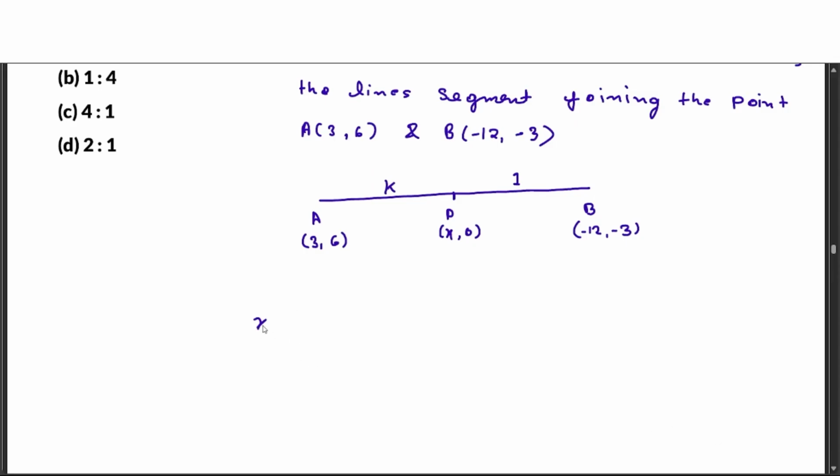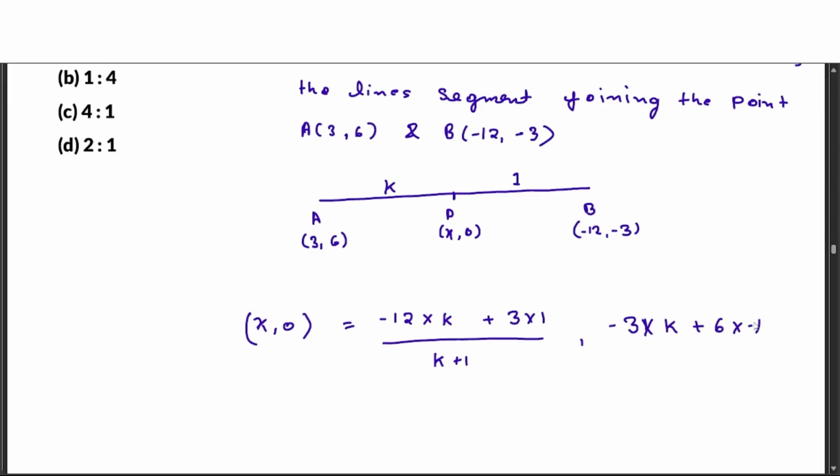So we can say x comma 0 is equal to, directly I am writing the formula, minus 12 times k plus 3 times 1 over k plus 1, and comma minus 3 times k and plus 6 times 1 over k plus 1.